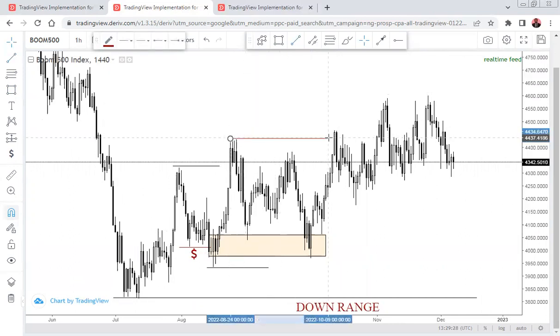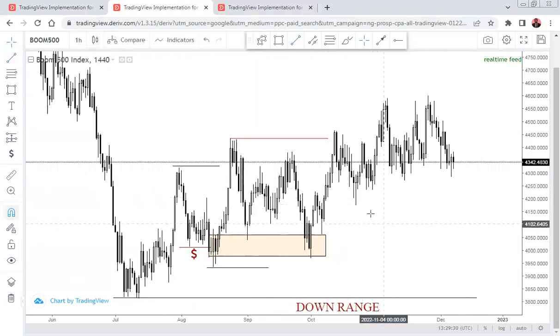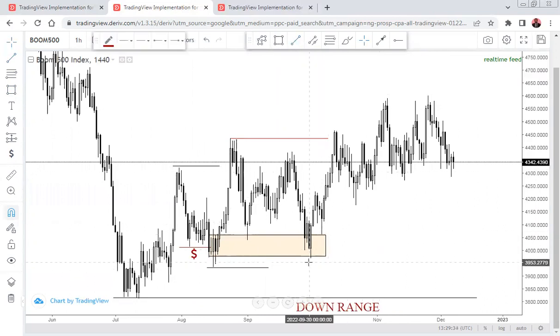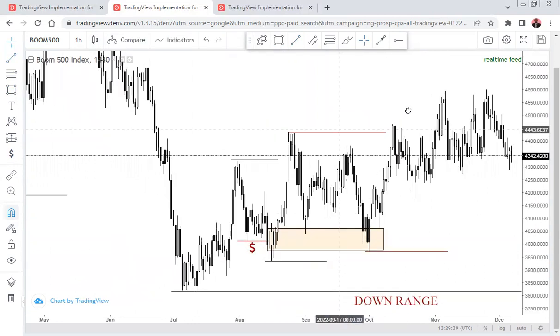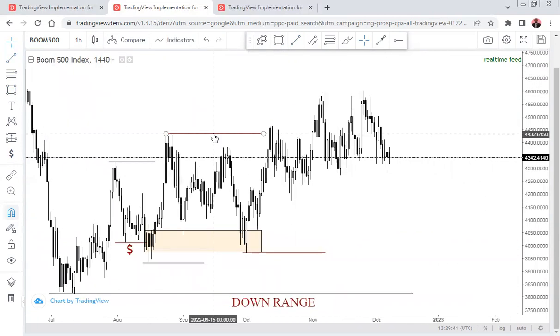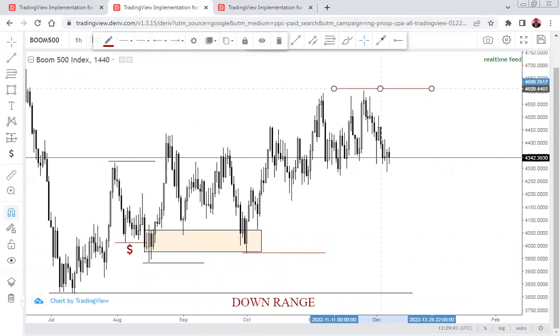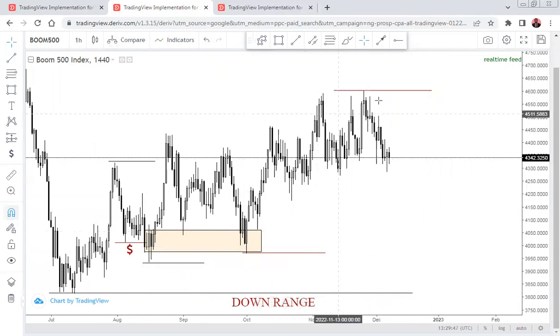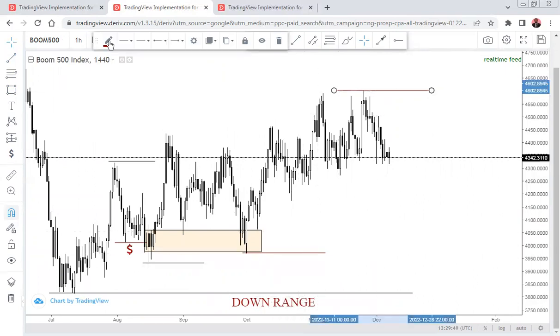So this was the last high. This was the last low after price broke out. So currently we have a new trading range. This is the top range now, the last high, and this is the current down range.